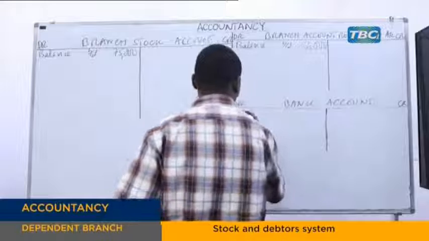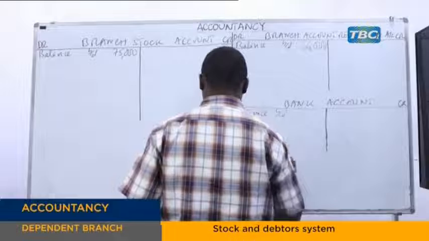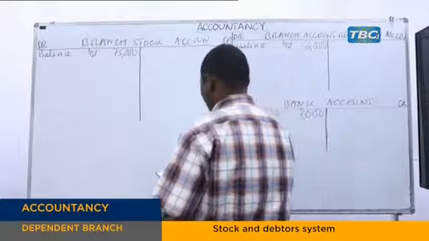With the bank account, we have our balance BD. That was 3,000.